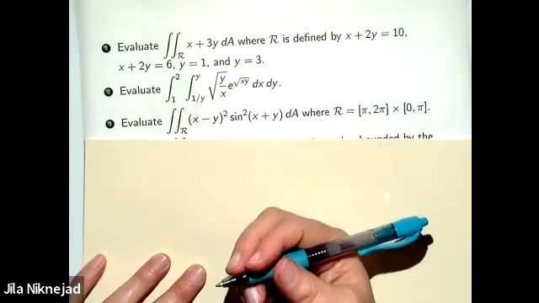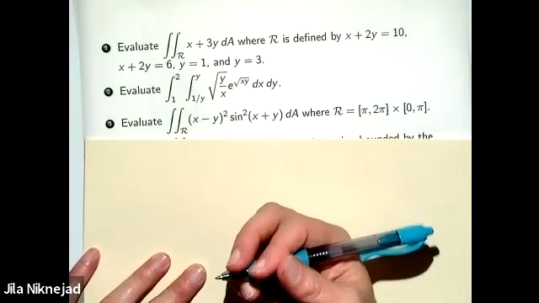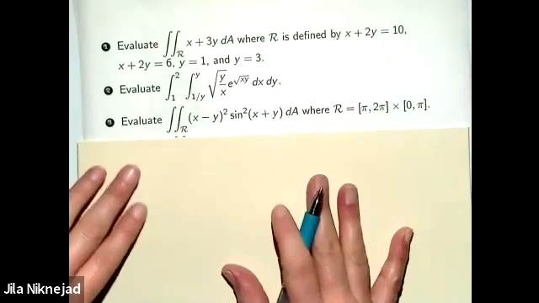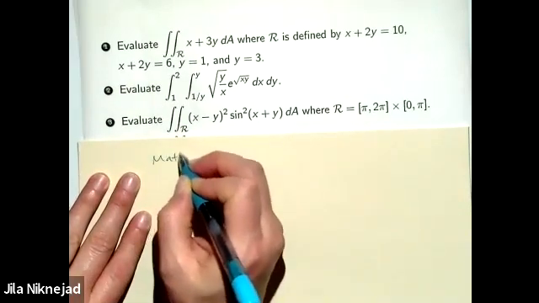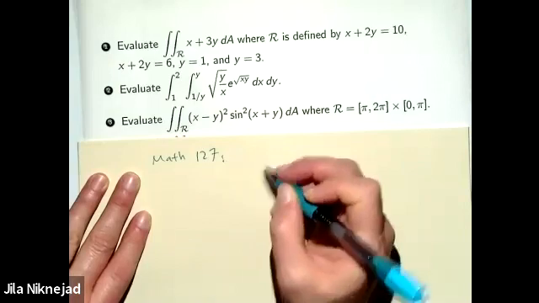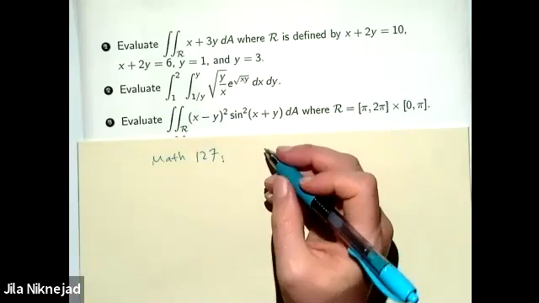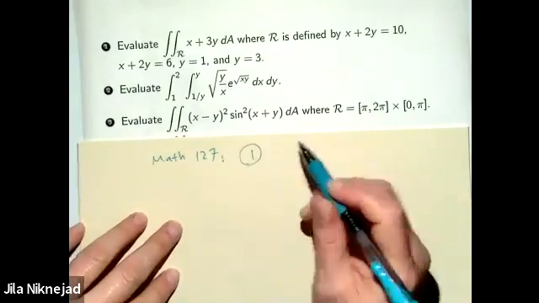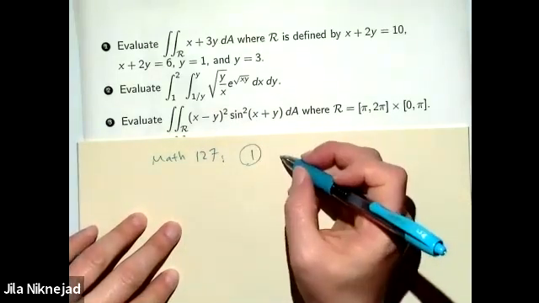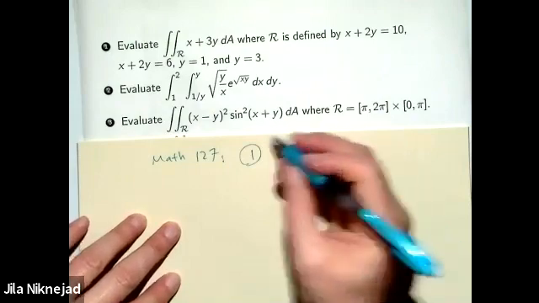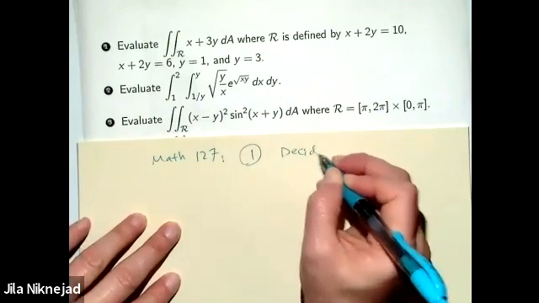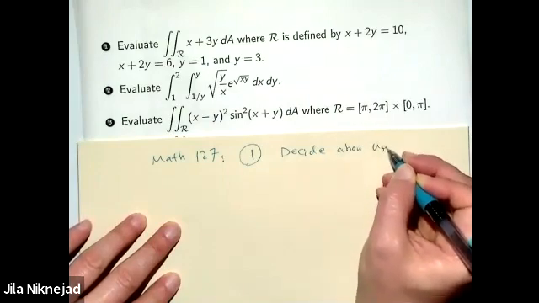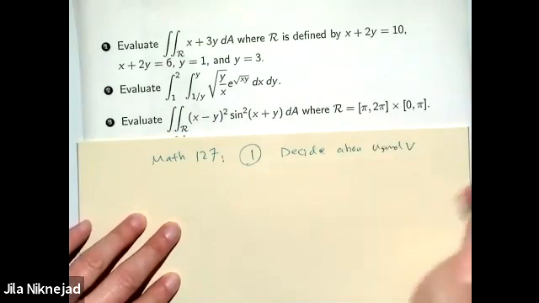For Math 127, again, there are different places that have different emphasis. For Math 127, there are two sets of change of variables that we have. One of them is that you decide about U and V, and then you find it.